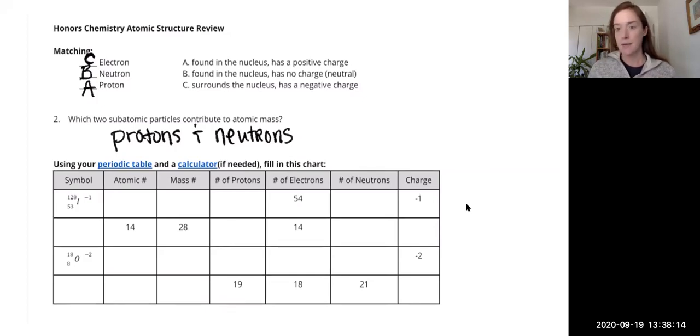So just like we were doing in the simulation, you'll be given a symbol, and you know that the number at the top left represents the mass, and the bottom left represents the atomic number. So let's go ahead and look at your periodic table.